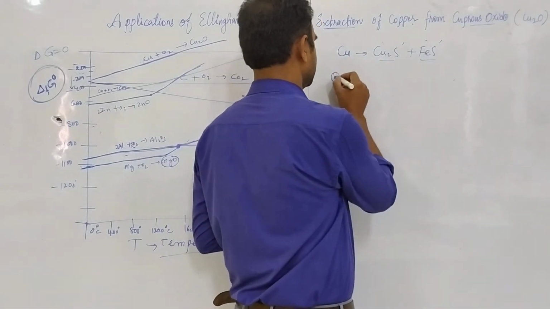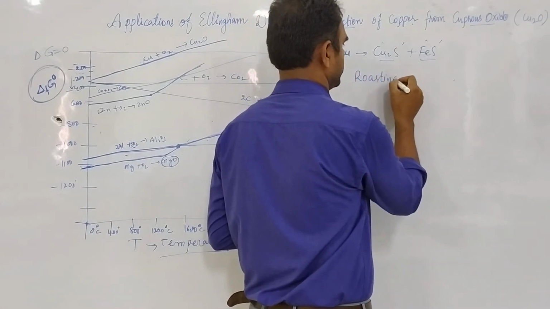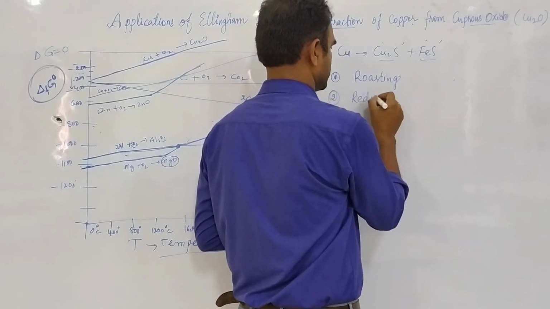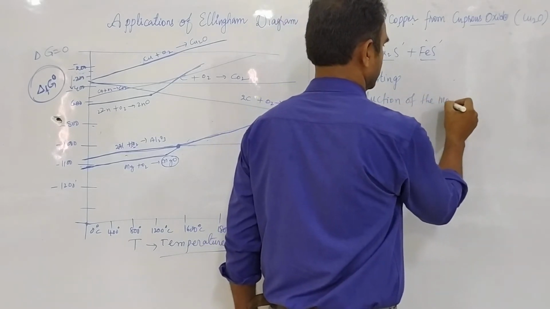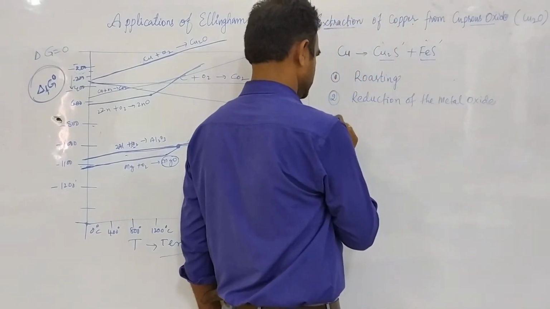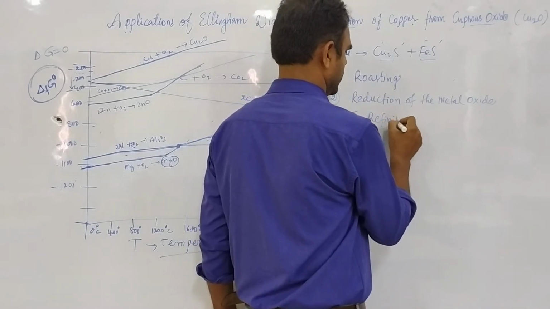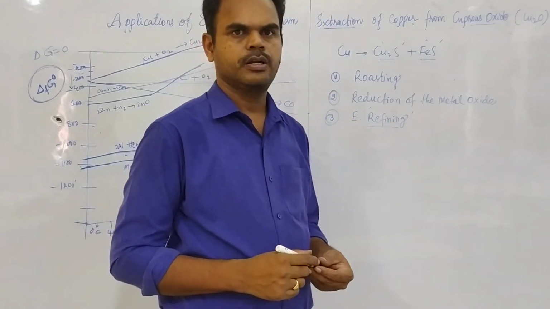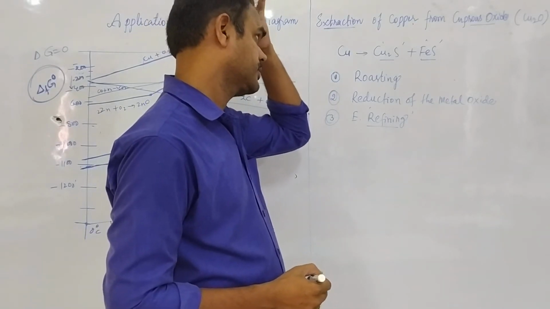There are several stages. Number one is roasting, which is the major step, and number two is the reduction of the metal oxide, present in this extraction of copper from cuprous oxide.